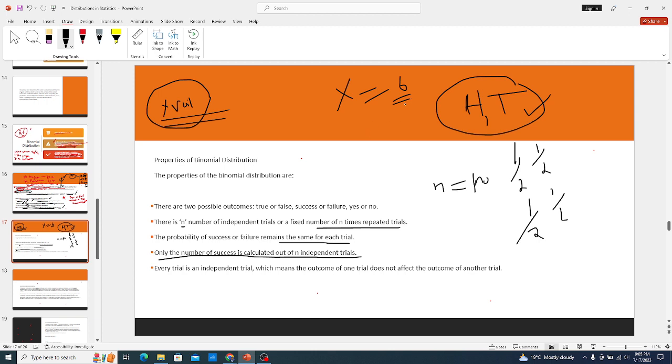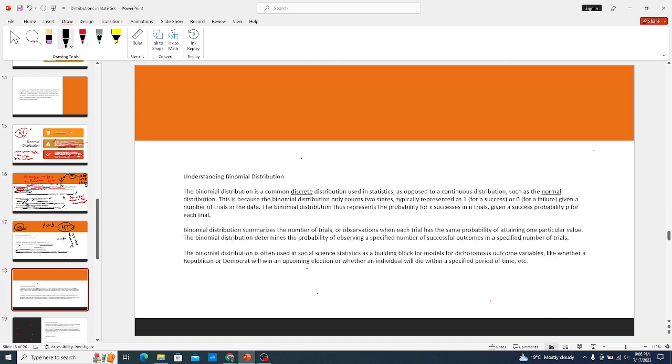We don't calculate the number of failures; rather we only calculate the number of successful independent trials. We also say that every trial is independent, which means the outcome of one trial does not affect the outcome of the other trial. Good.